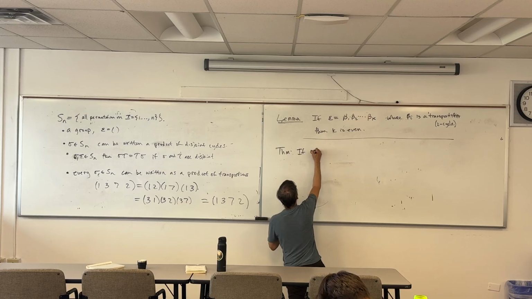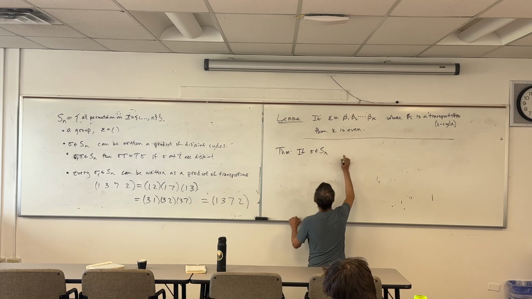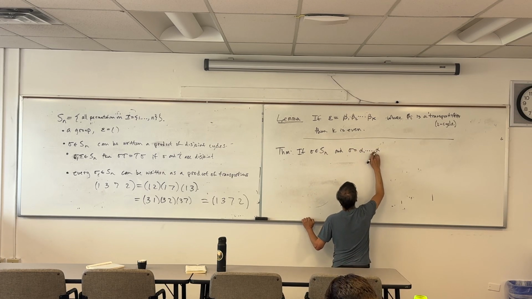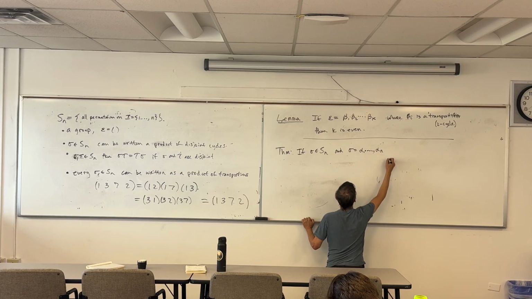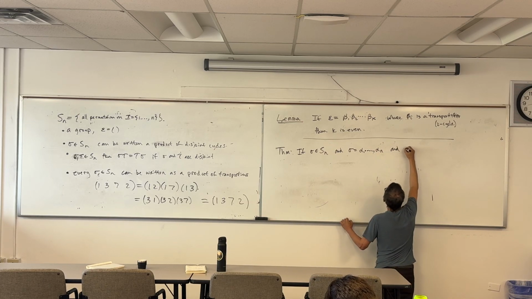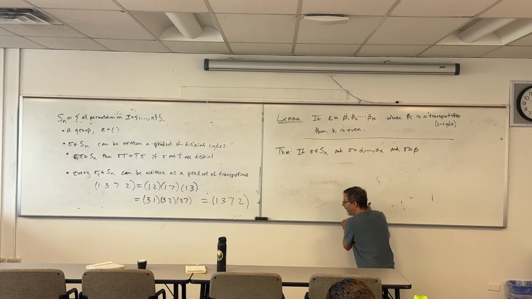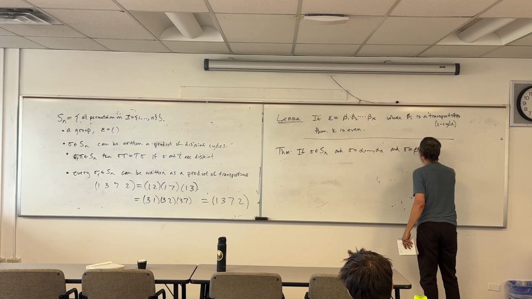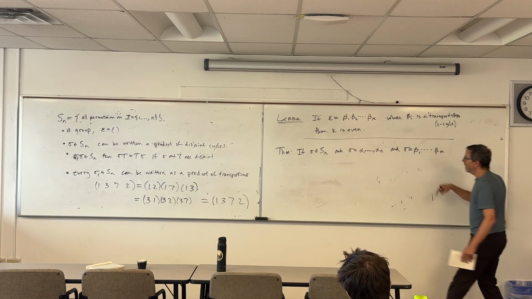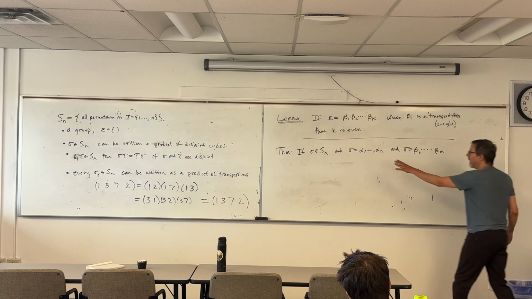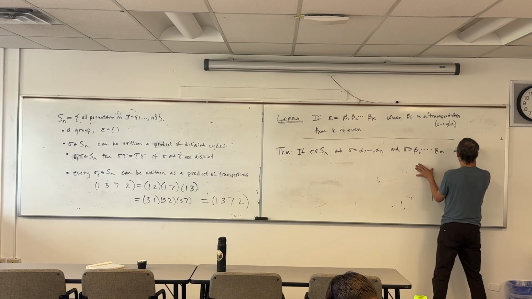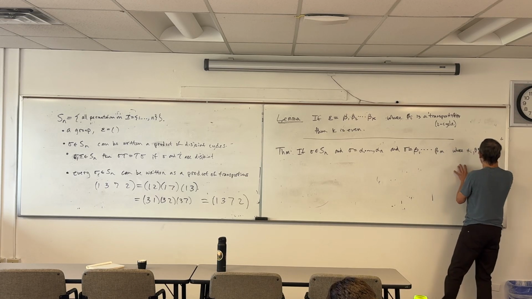So if sigma is a permutation on n things, and sigma equals alpha 1 through alpha n, and sigma equals beta 1 through beta m, where alpha i and beta j are transpositions. Let me just get my notes, because we might have a different number here.